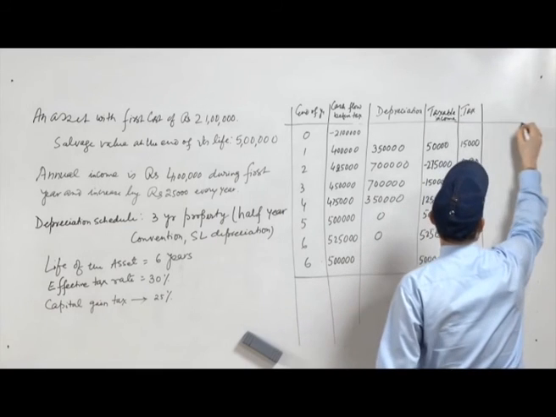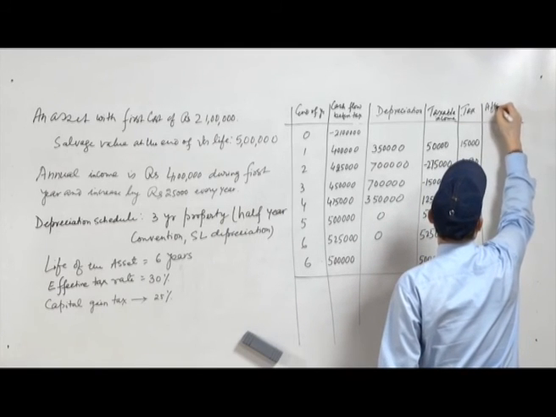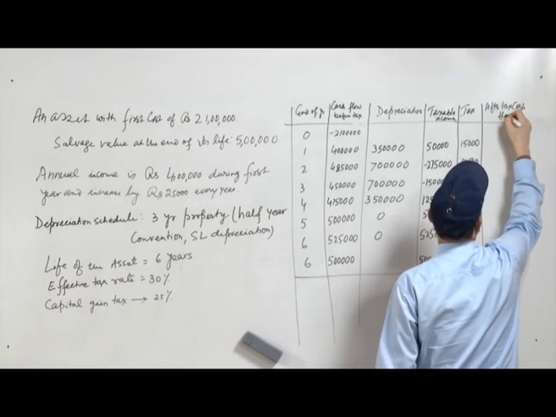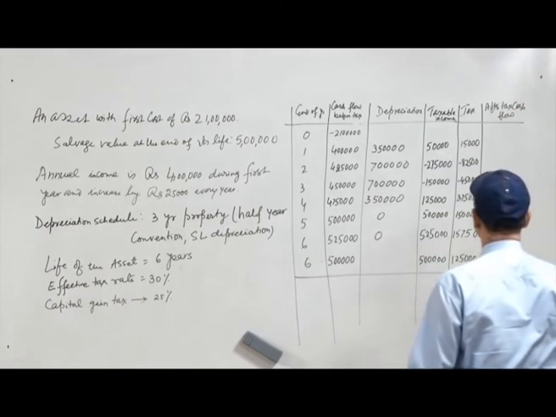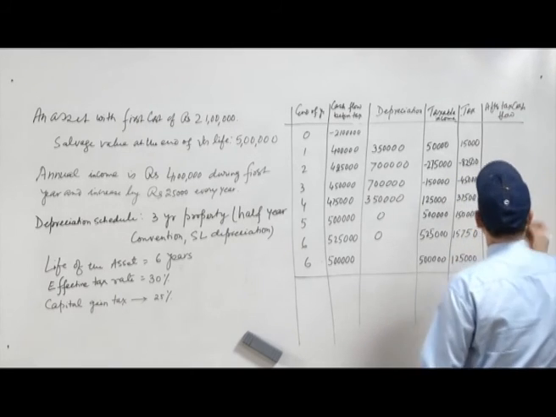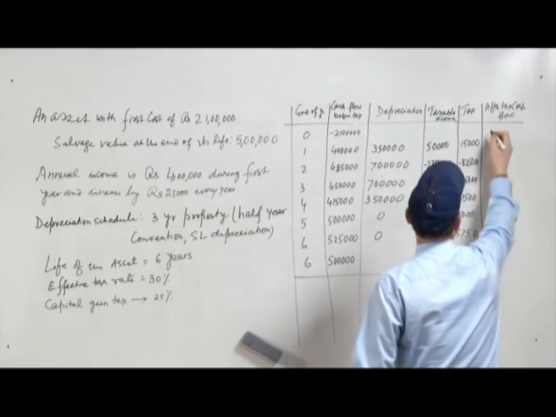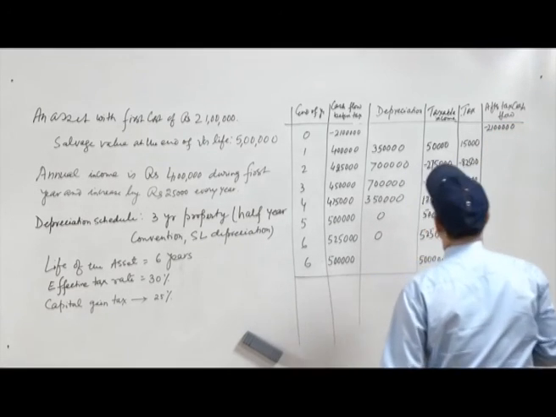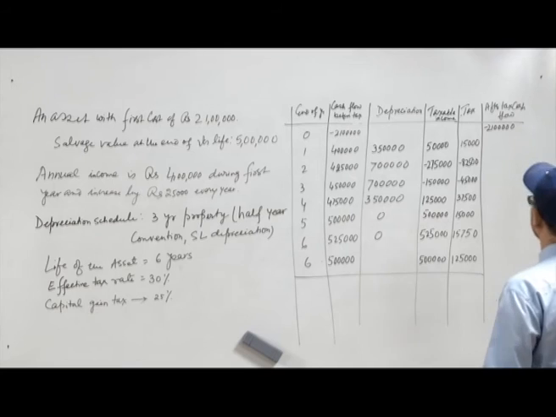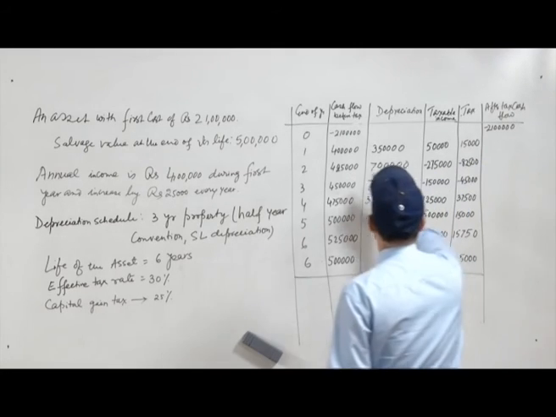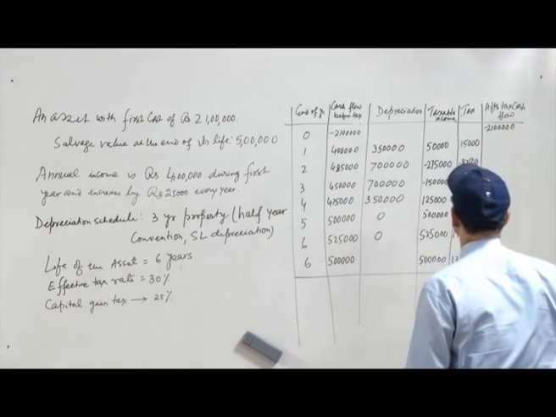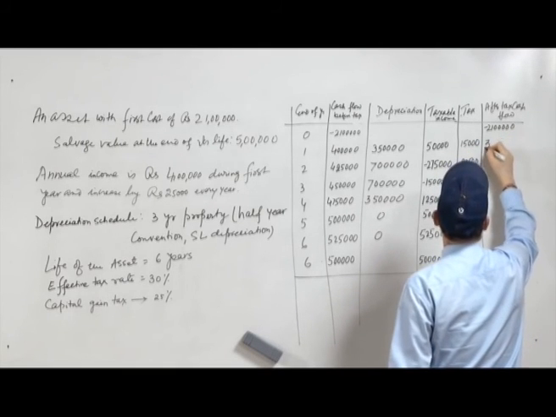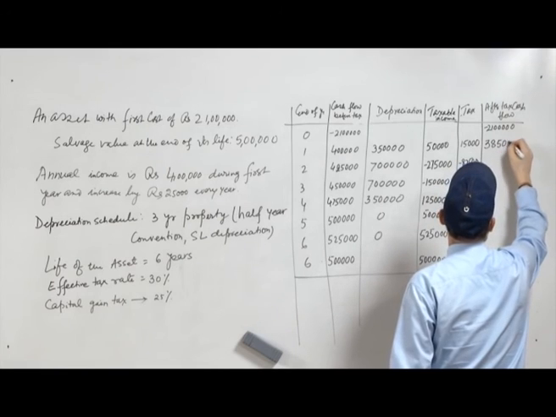So ultimately, the after tax cash flow, if you look at it: it is minus 21 lakh anyway here. Then you have 4 lakh cash flow before tax and you are paying tax of 15,000, so it will be 3 lakh 85,000.